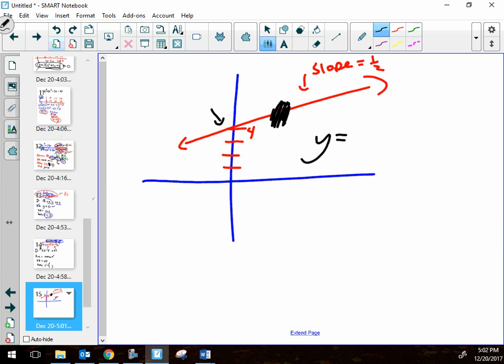All right, well, this line is y equals mx plus b. And the m, the slope is a half. And therefore, that's 1/2 x. And then plus b, that's +4. Now, this is important.